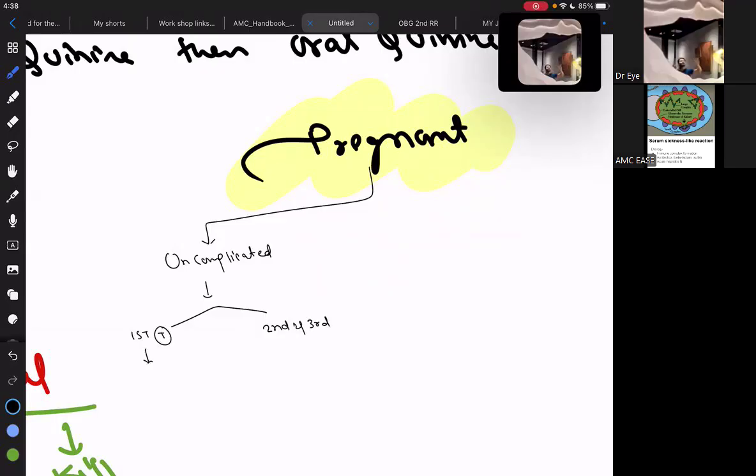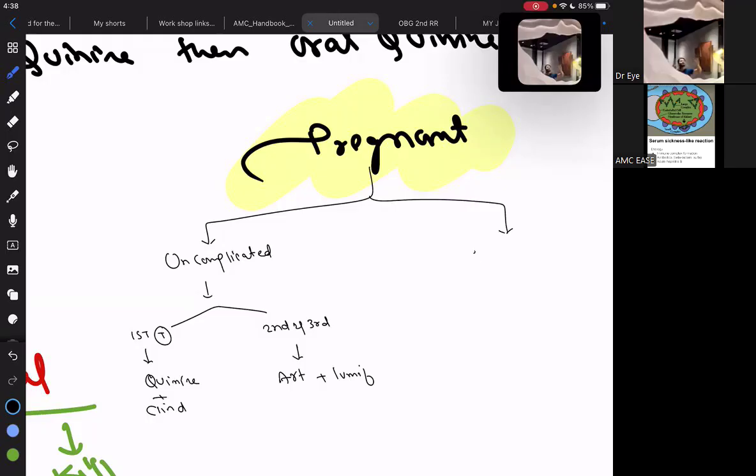If it is the first trimester, you can go for quinine plus clindamycin as already mentioned. If it is second and third, you can go for artemether plus lumefantrine. Please remember that when it's a case of uncomplicated malaria.